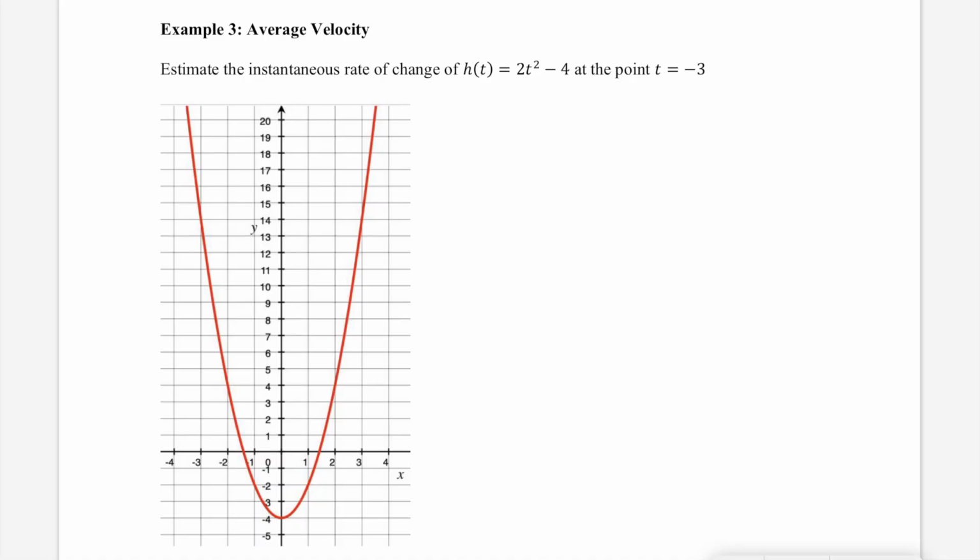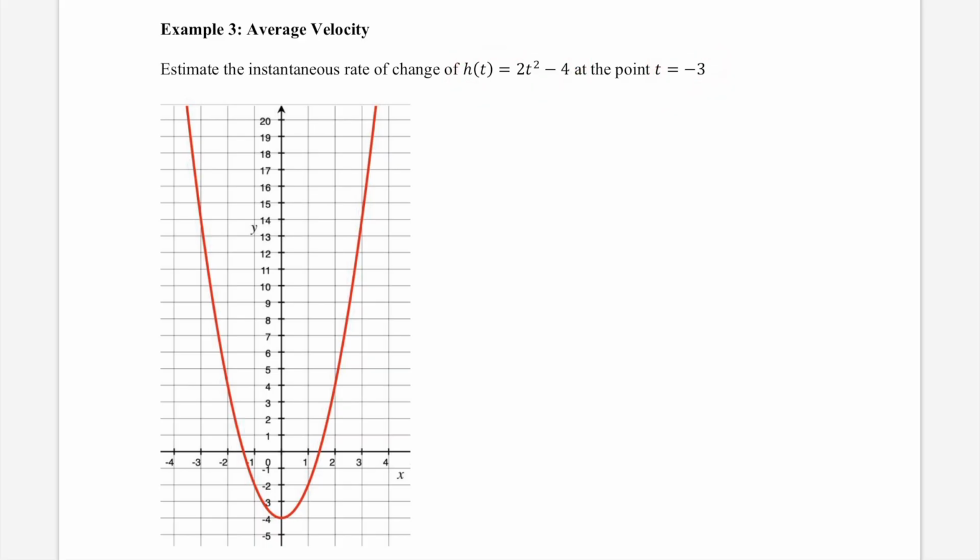We're given the function h of t equals 2t squared minus 4 at the point t equals negative 3. That means we want the slope at exactly 1 point. First, we need to identify the point. We have the input is negative 3. What is the output?